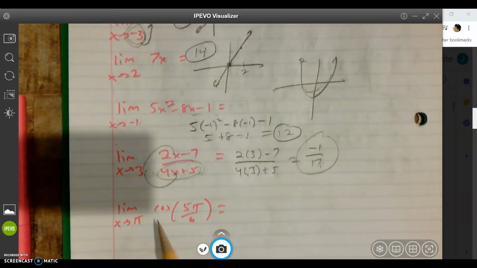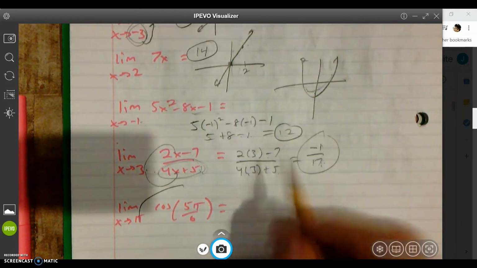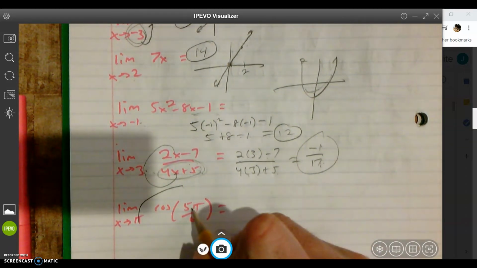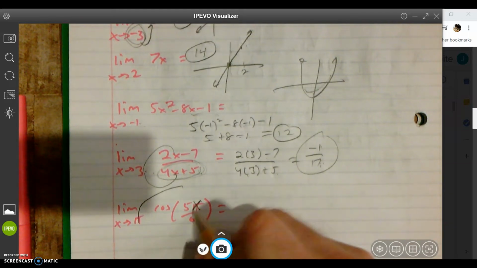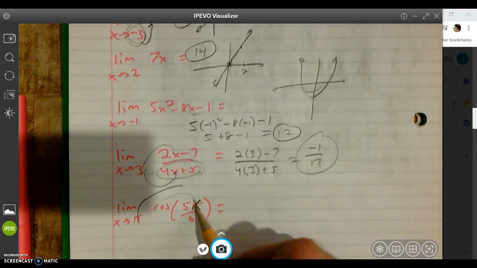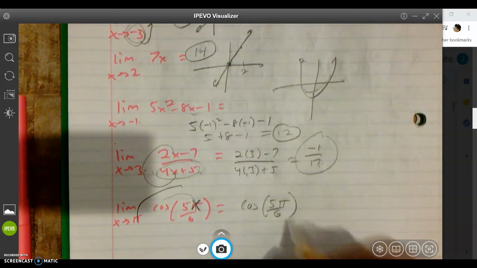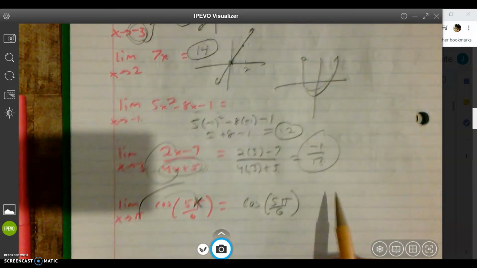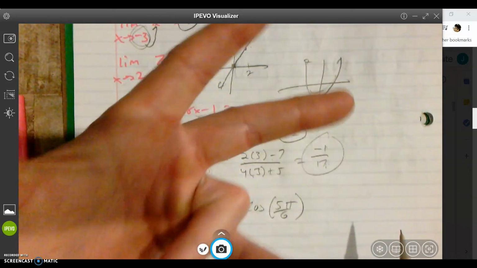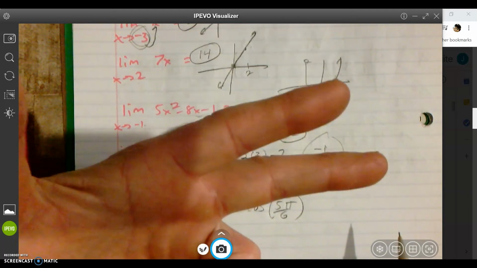Next one, ooh, trigonometry, love it. So I'm putting pi in here, this would be 5, and this would be x there, sorry. 5 pi x. So the cosine of 5 pi over 6. Use my left hand rule. Here you go. So I'm going to put my finger down like this.